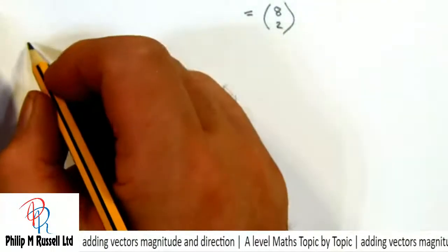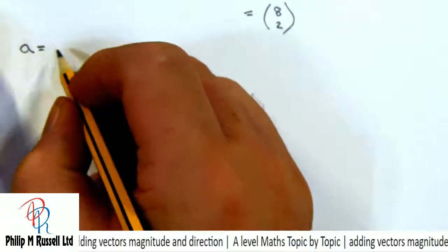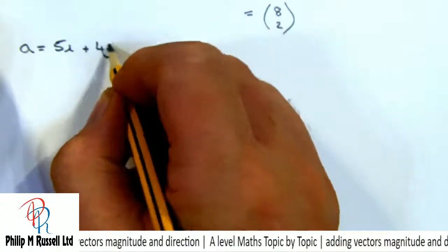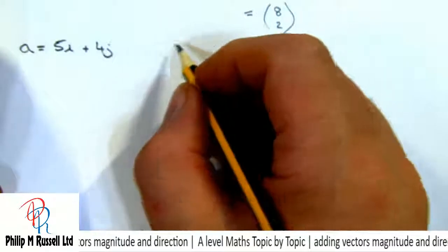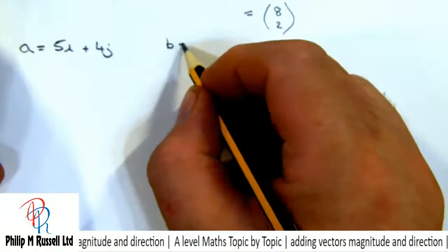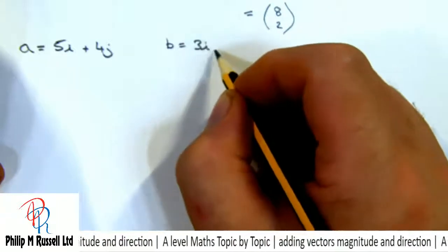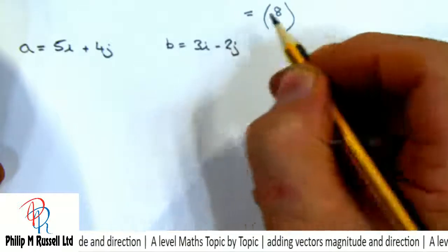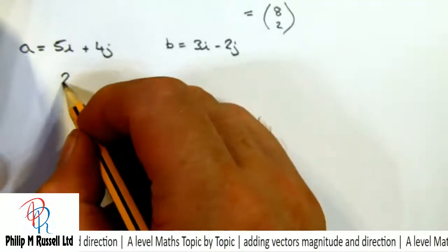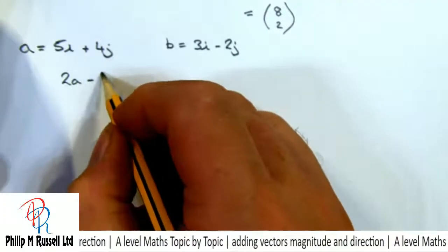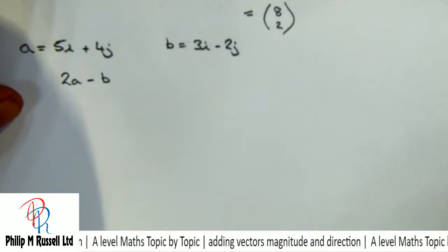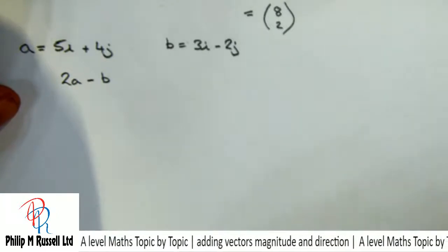Let's say I've got A equals 5i plus 4j, and we can say that vector B is going to be 3i minus 2j. And could I find 2a minus b? Yeah. So how could we look at this?